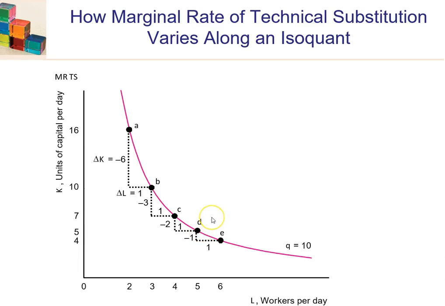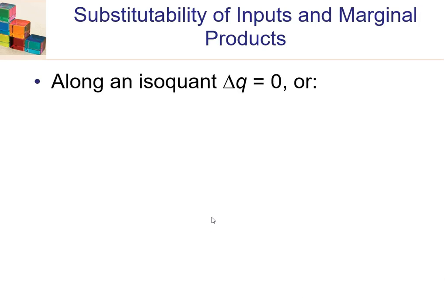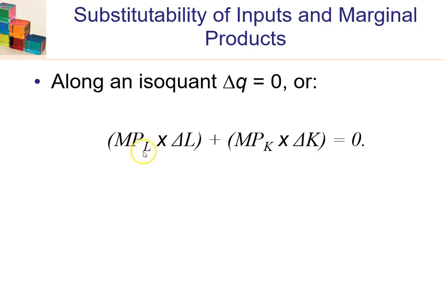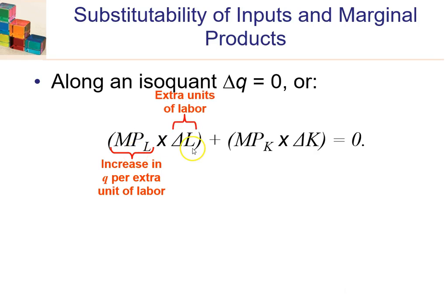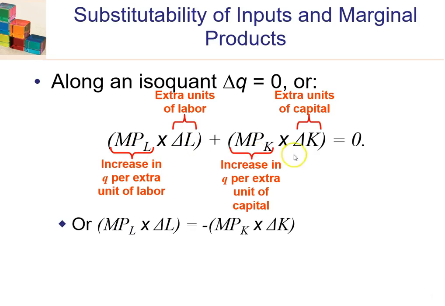So let's show this now using some algebra. Your isoquant: you're still producing the same level of output, so your change in output is 0. So what you're doing is changing your inputs. You multiply your inputs by the corresponding marginal productivity to get a 0 change in output. So this is, of course, the additional output from one more worker, times the additional workers you have, plus the additional output from another unit of capital, times the additional units of capital that you have.